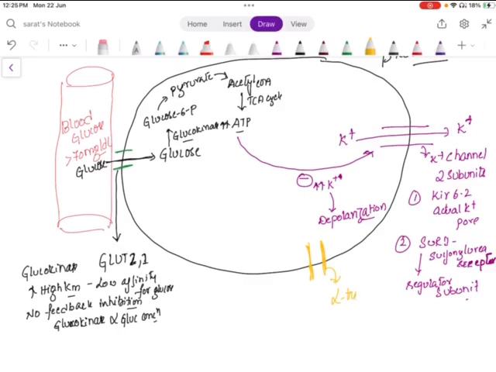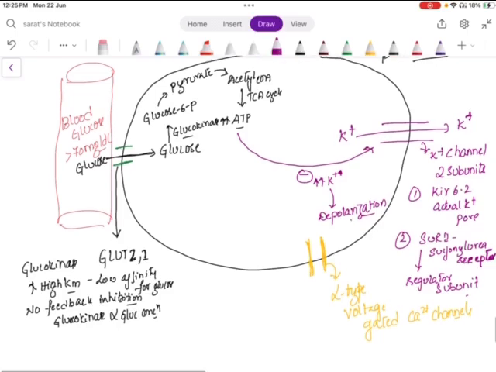These are L-type voltage gated calcium channels. These calcium channels are activated by depolarization. Now, calcium will enter from outside the cell to inside the cell.